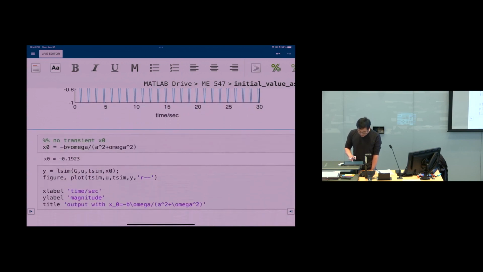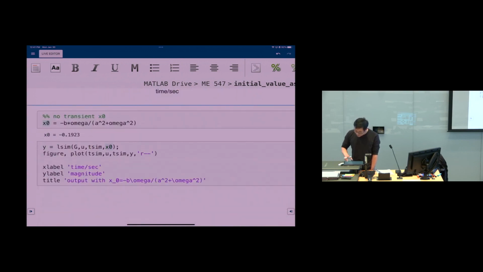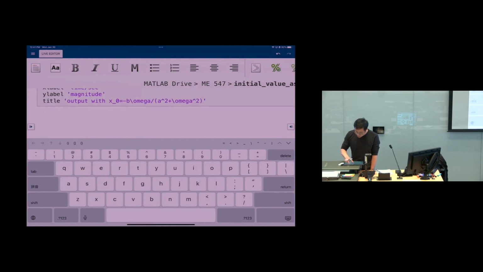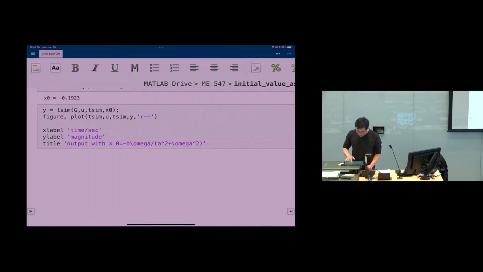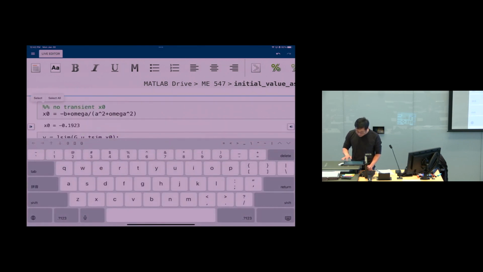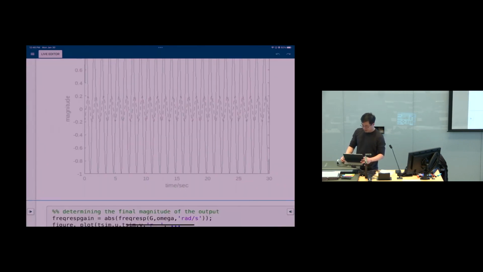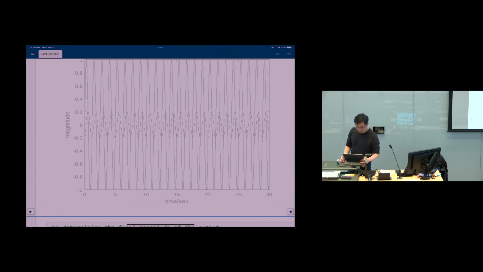Now the problem actually guides you to a very special initial condition that I calculated over here. Okay, so this is a little bit easier to view. The output is purely sinusoidal.